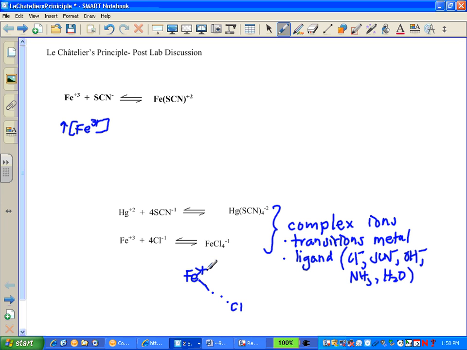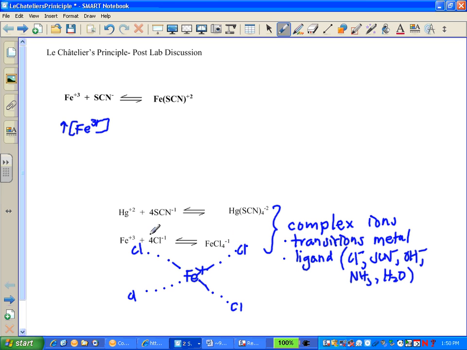We attach them with dashed lines rather than a complete line, so they're loosely held to the surface of the metal. And this complex is an ion. It overall has a charge. In this case, the Fe has a 3+ charge, and each of the chlorides has a -1 charge. So that's why overall this ion has a negative charge.